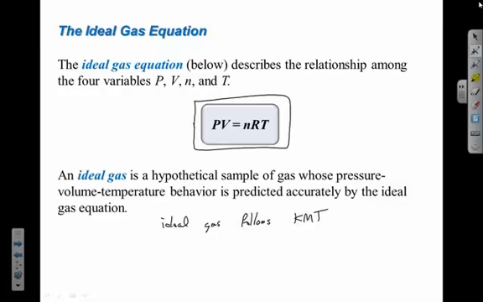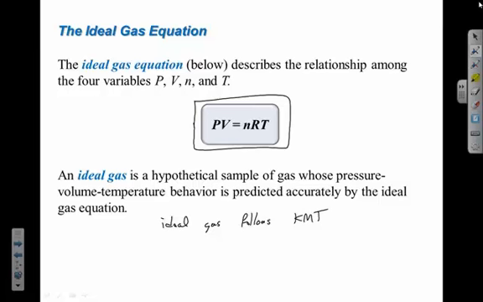Right? It says that there's a lot of empty space between the individual gas particles. They're moving around randomly. When they collide, they don't attract and stick together. They just bounce off one another, and the temperature of the gas is proportional to the average kinetic energy of the particles. That is how most gases behave. So the ideal gas law is very useful.